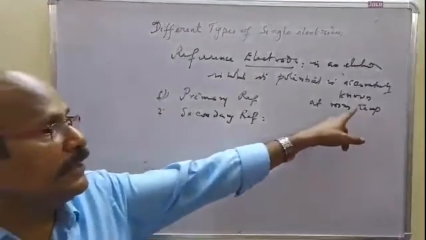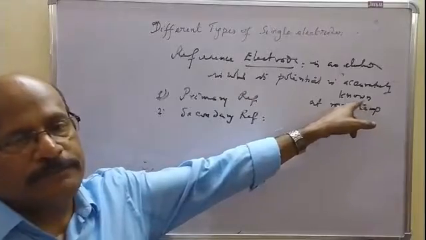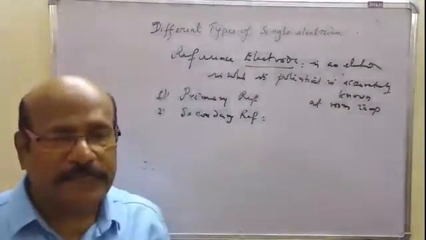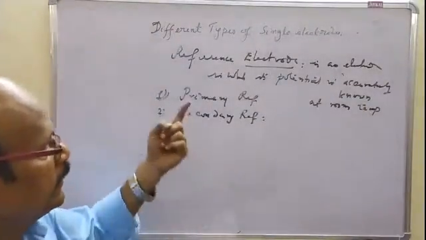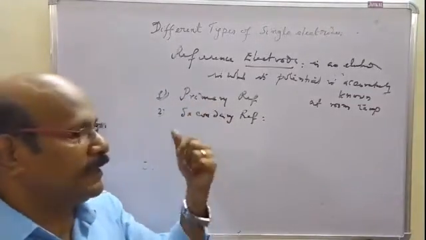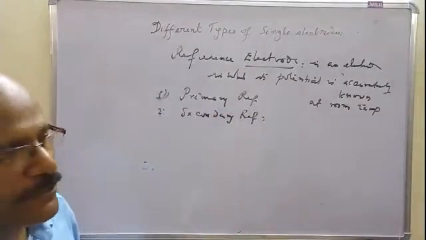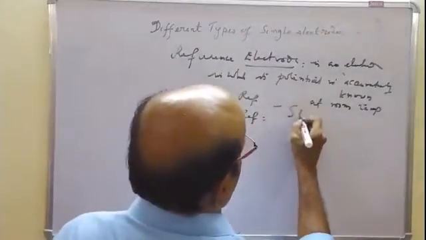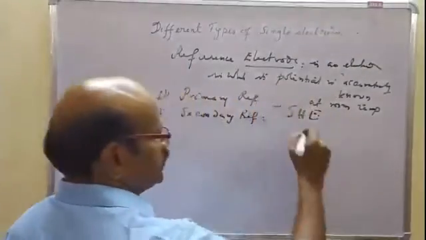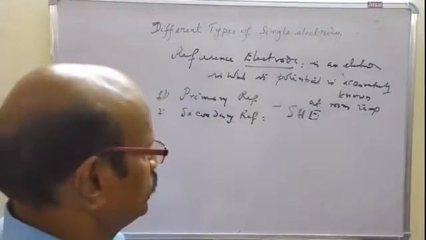Knowing the potential of the reference electrode, we can measure the potential of the unknown electrode. One is primary and the second is secondary, and the only primary reference electrode is SHE, the standard hydrogen electrode.